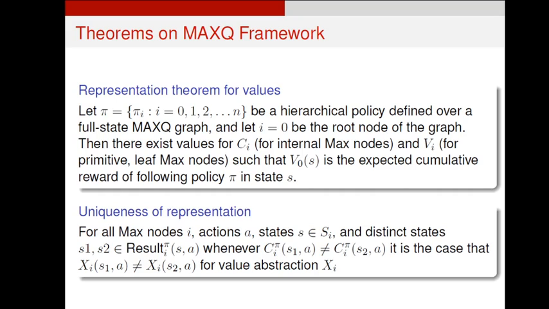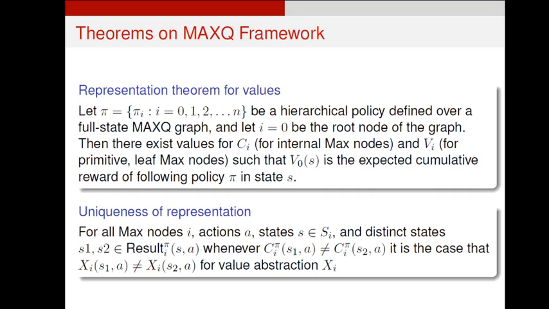Whenever two hierarchies give the same q value, then the representation is the same. One may have some different assignment of state and action values. That means this representation is uniquely determined.